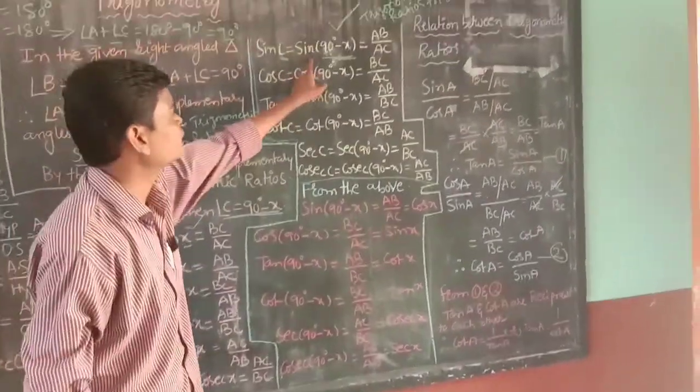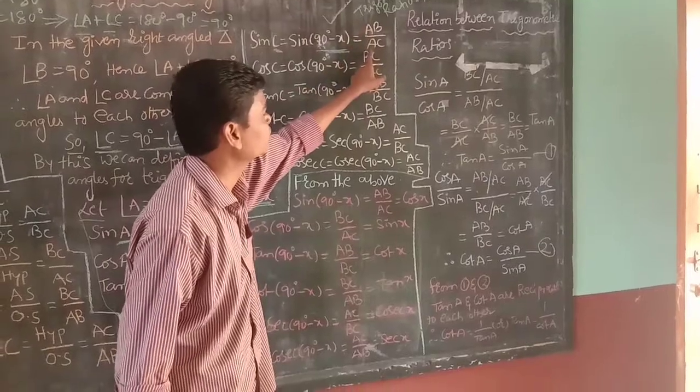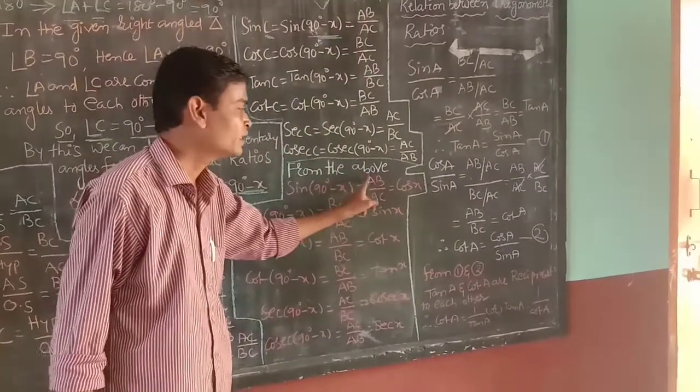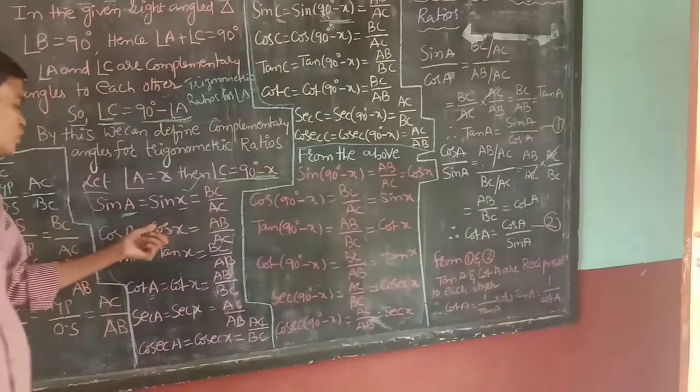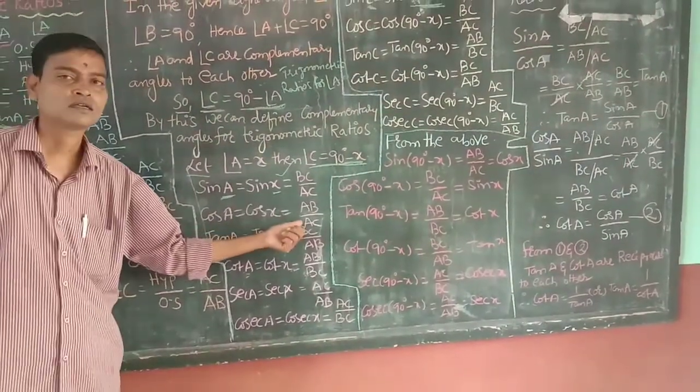What we got for sin of 90 degrees minus x is AB by AC. This AB by AC is equal to cos x.